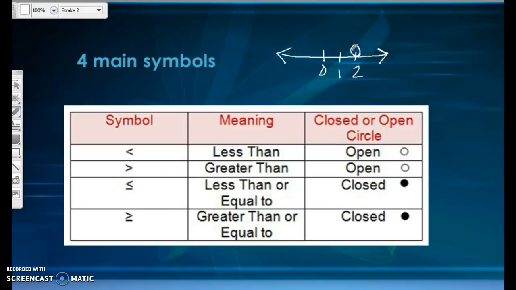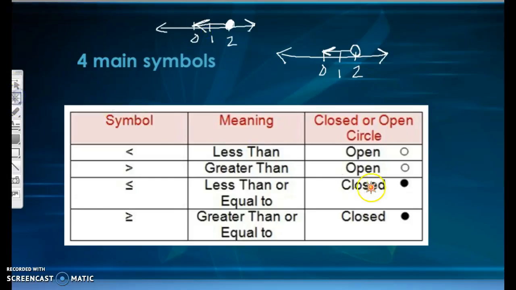And I would put my open circle there on 2, and I would draw my arrow shooting this way because I said that I wanted x less than that, right? But what if I said I wanted x is less than or equal to 2? That's when I would do a closed circle, and then I'm going to shoot my arrow down this way.